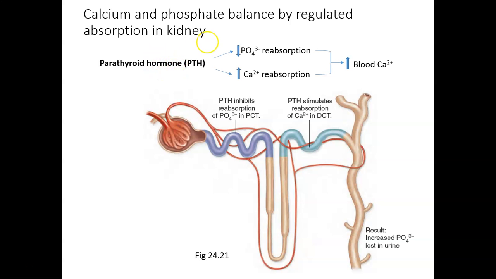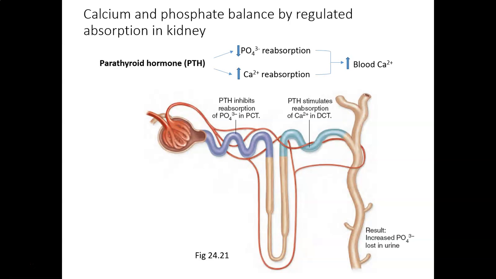How does it do that? We said it's influencing the calcium reabsorption in the kidney, and this is where we're going to actually talk about it. In addition to promoting calcium reabsorption, at the same time PTH decreases phosphate reabsorption, because if you have both calcium and phosphate, they tend to be deposited at the bone to make bones.